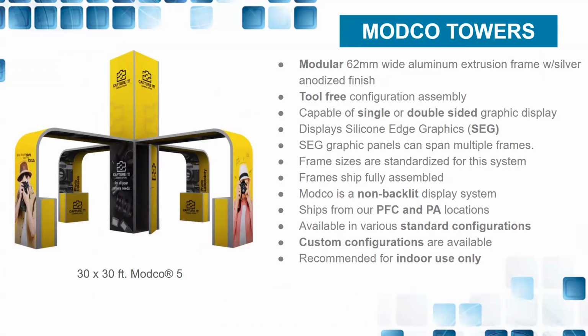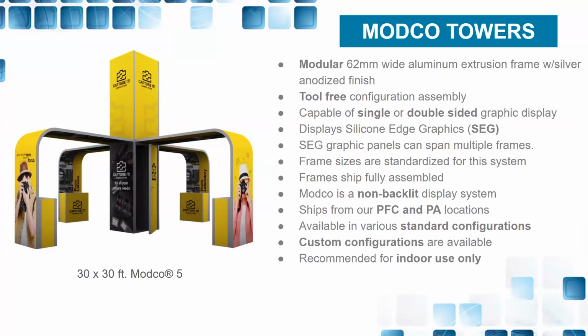So moving from the Big Sky to probably the next most popular tower that we market and sell here at WS Display is the Modco Tower. Modco is what we consider our frames-with-holes application profile, aluminum extrusion. It's 62 millimeters wide across the face.